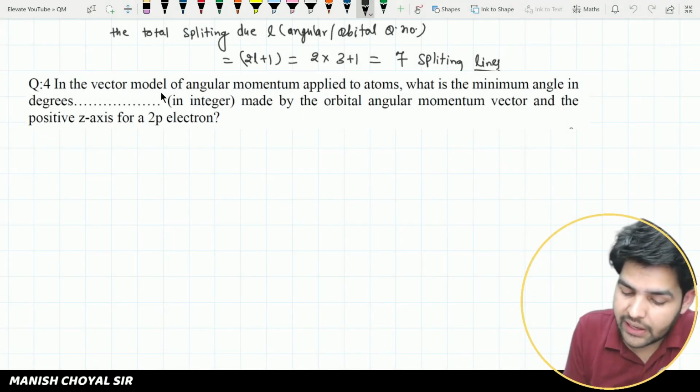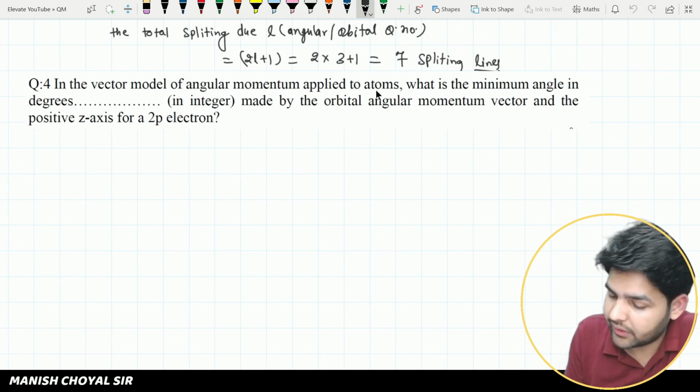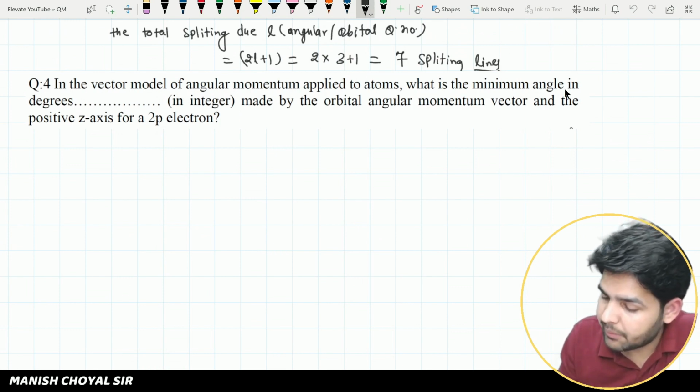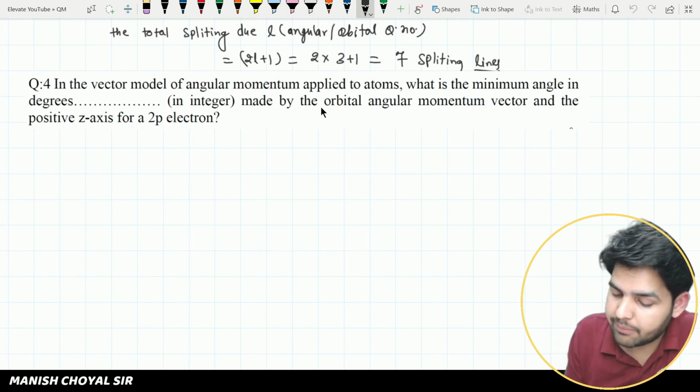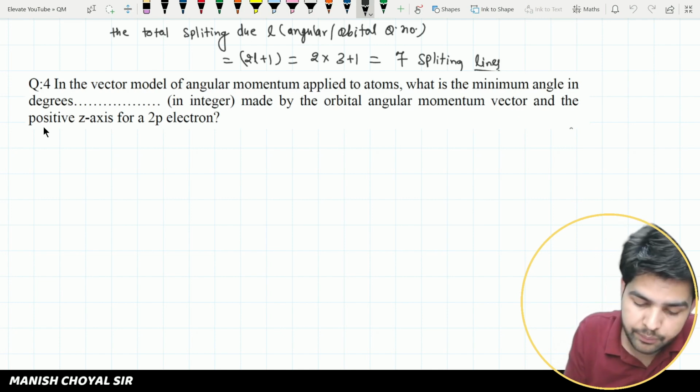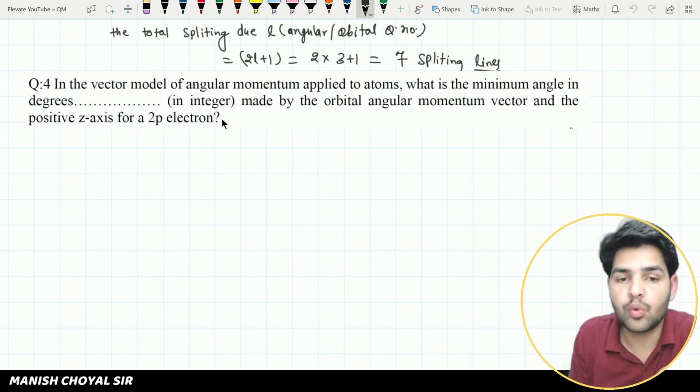In the vector atomic model of angular momentum applied to an atom, what is the minimum angle in degrees, in integer, made by the orbital angular momentum vector and the positive z axis for the 2p electron?